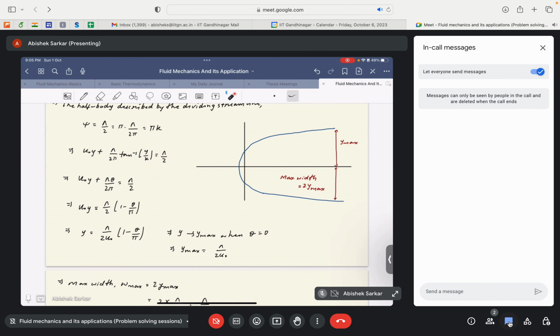So we'll get u naught y plus lambda by 2 pi into pi by 2 equal to lambda by 2, and y will be equal to y max, right?